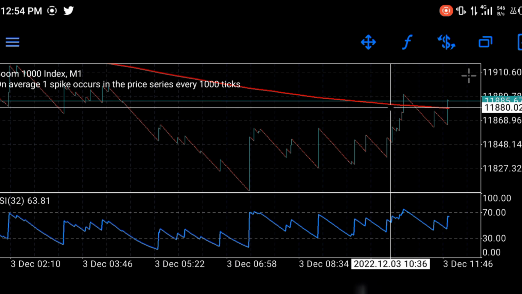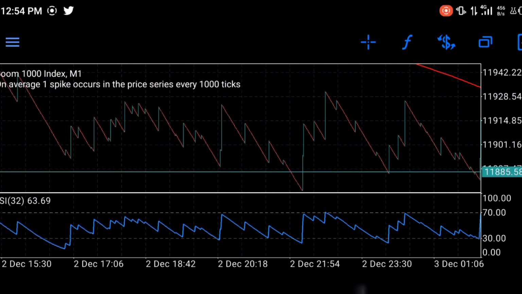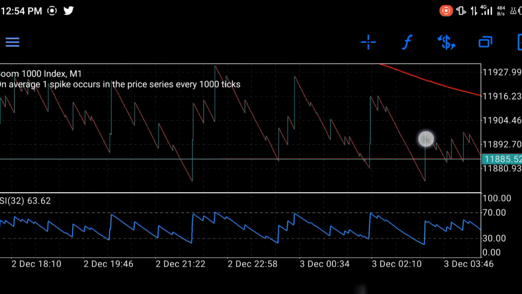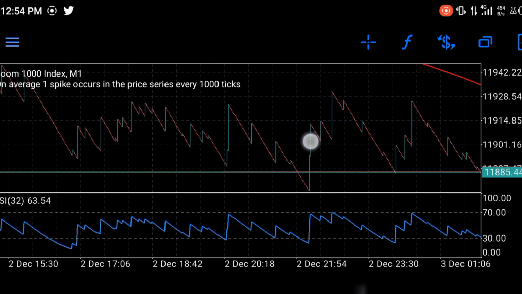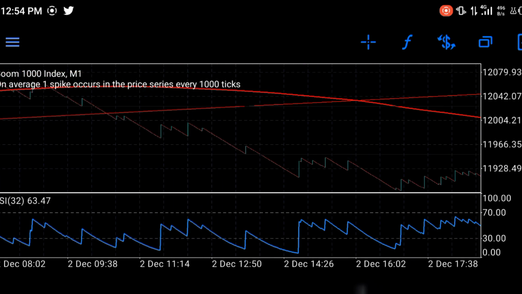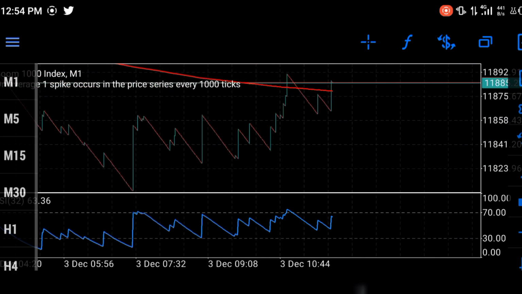Now, in simple terms, when the moving average is at the top of the chart, that's a simple way, and this is the 1 minute chart. What you want to do is to look for opportunity where the price will try to retrace back to the moving average, just as we have here.